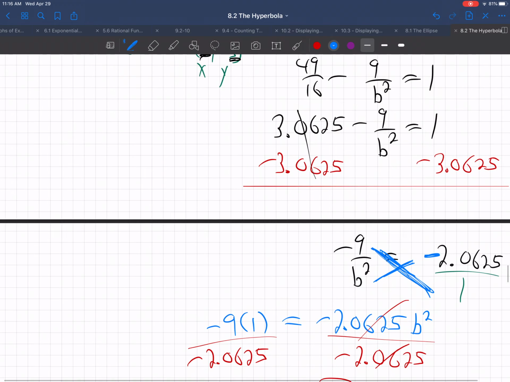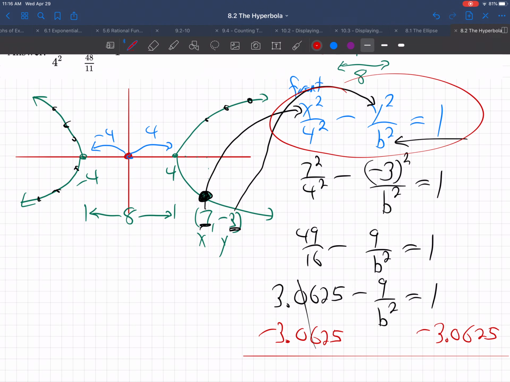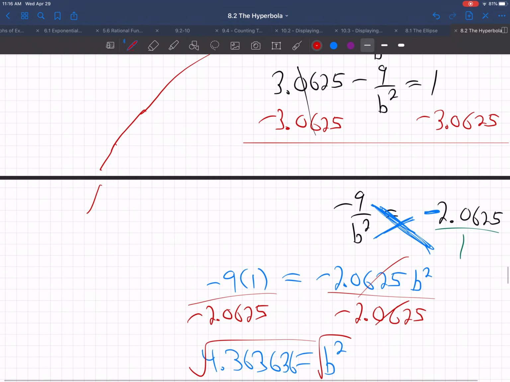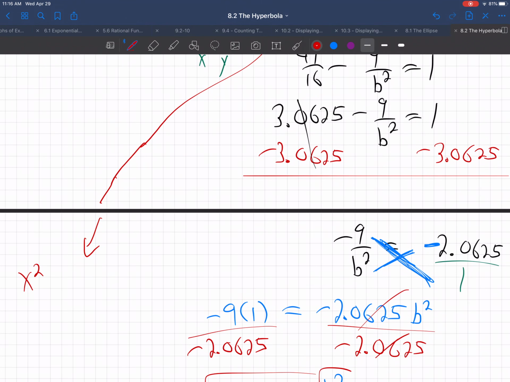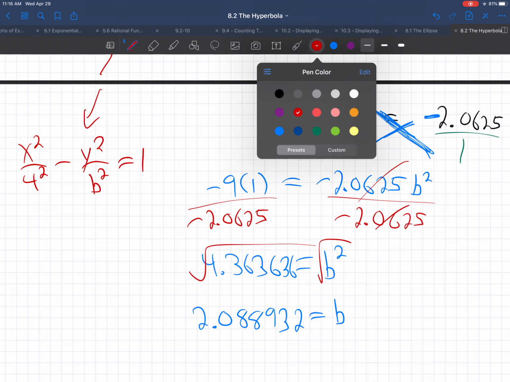We solved for b. So grab the equation. Where was the equation? It was right here with everything but b. So bring that down to this point. And what is it again? x squared over 4 squared minus y squared over b squared is 1. So now we know what this is.